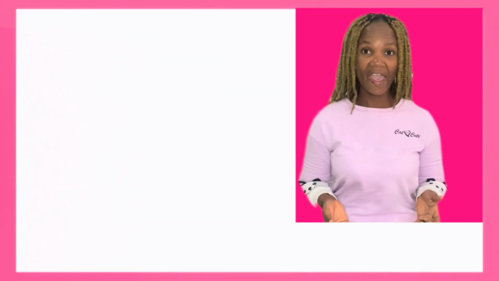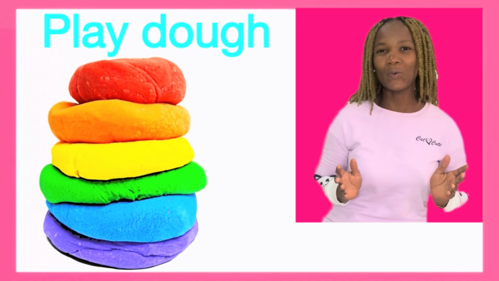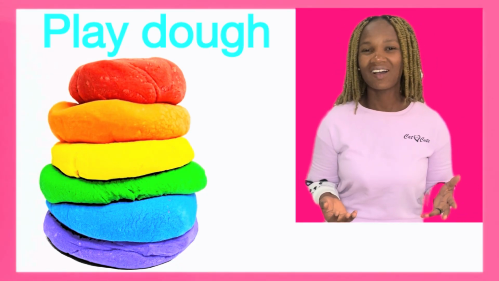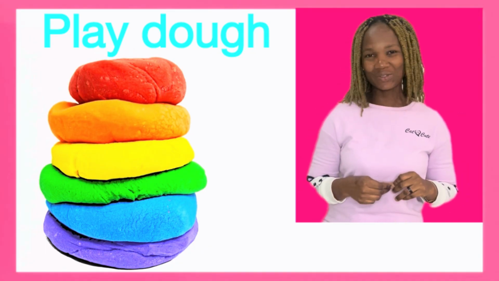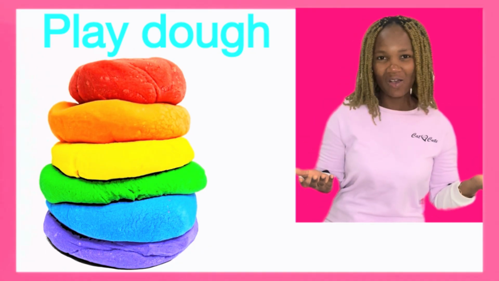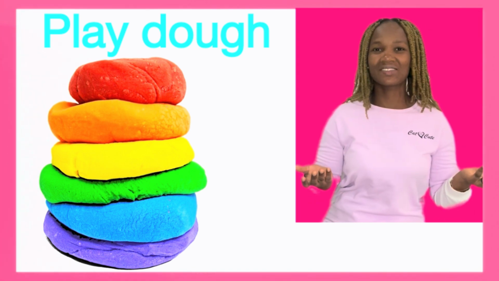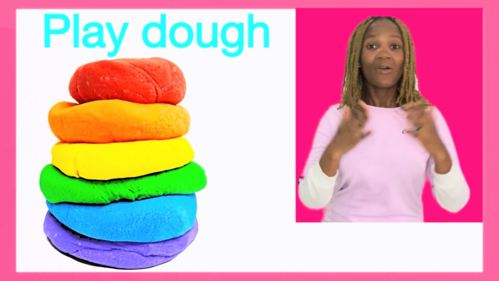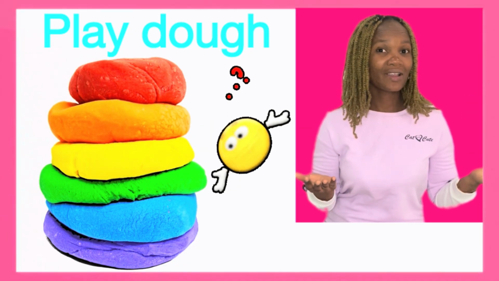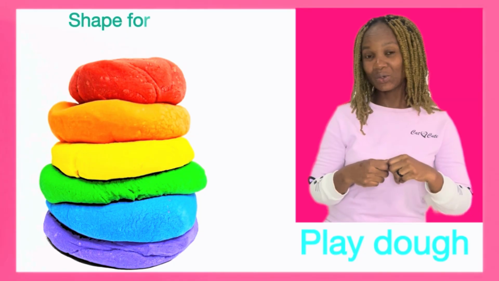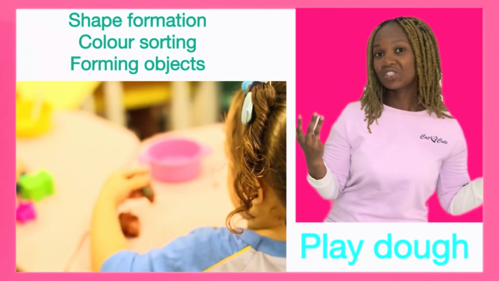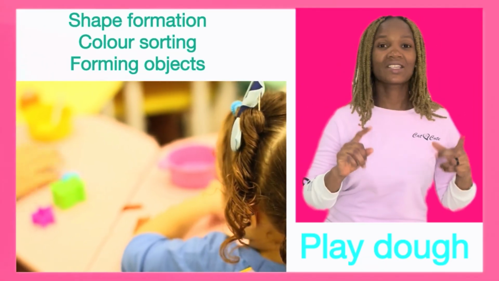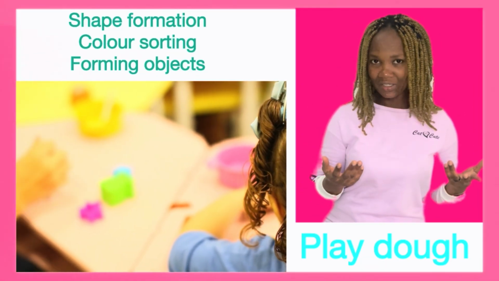Next, we have Play-Doh. Play-Doh. Play-Dohs are actually one of the most interesting objects in the classroom space. Since we have so much fun with Play-Doh, what do we use Play-Dohs for? We use Play-Dohs to form different shapes, different designs, numbers, letters, and so on.